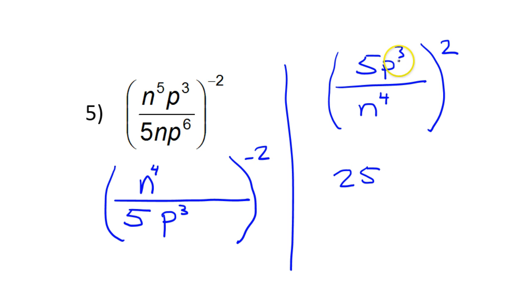When I do p to the 3rd power squared, a power to a power you multiply. So that's going to be p to the 6th power. N to the 4th power squared, a power to a power you multiply. So that'll be n to the 8th power. So that's it. This will be the final answer.